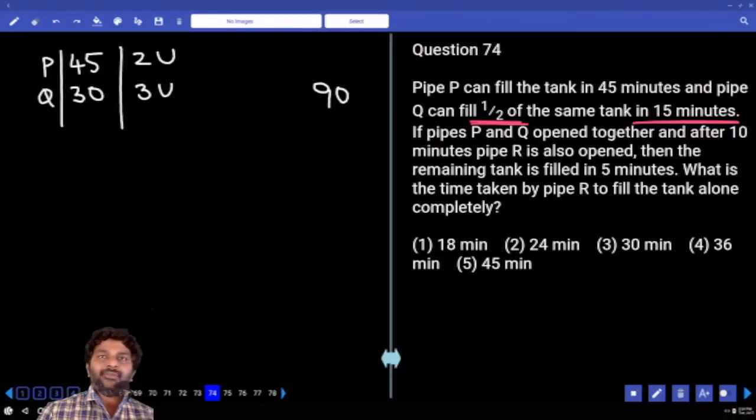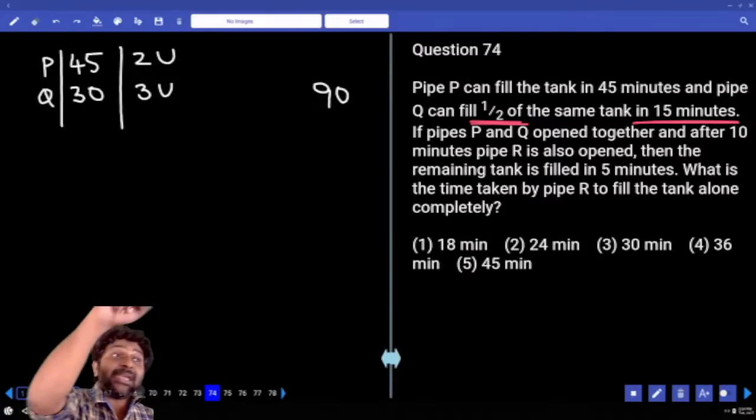Who started? Which taps are opened? Opened for how much time? Then R is also opened, correct? Now after 10 minutes, how many taps are there? All 3 taps work together. Then in how many minutes the tank got filled?